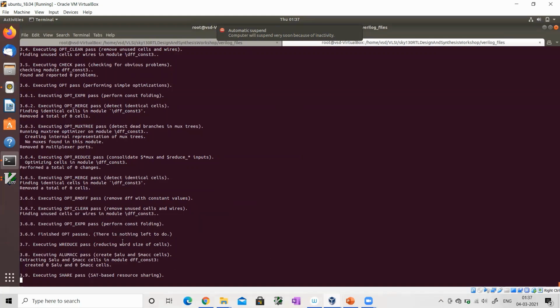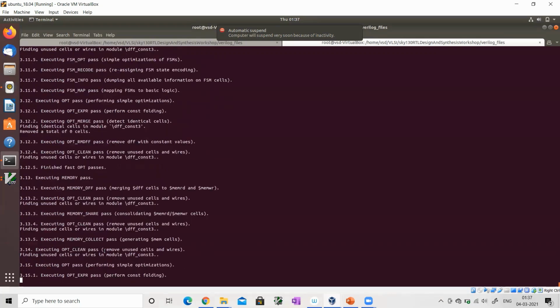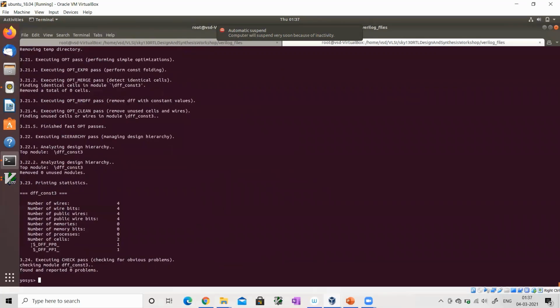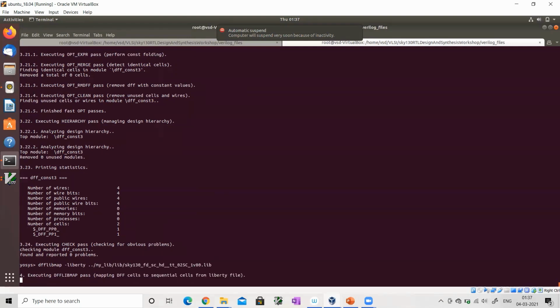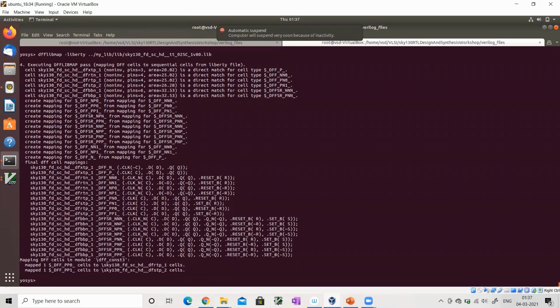As expected, it should be inferring 2 flops. Let's see. Yes, in the statistics I can see that 2 flops are inferred. Then dfflibmap -liberty ./mylib/sky130.lib.